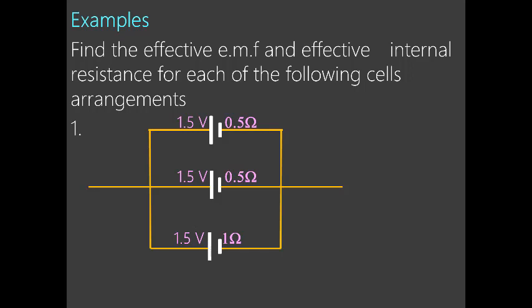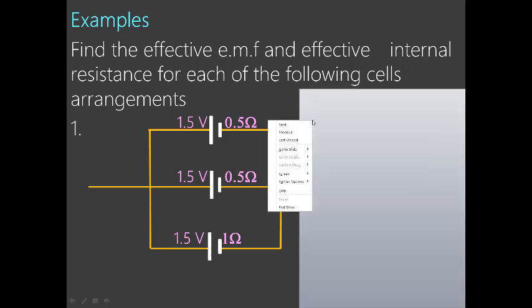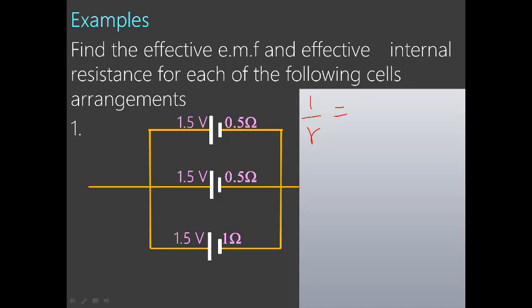And what is the effective internal resistance? Here we say 1 over R is equal to 1 over R1 plus 1 over R2 plus 1 over R3, which is going to be 1 over R is equal to 1 over 0.5 plus 1 over 0.5 plus 1 over 1, which is the same as 1 actually.